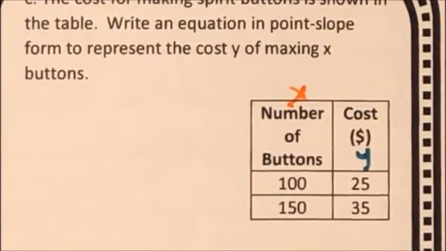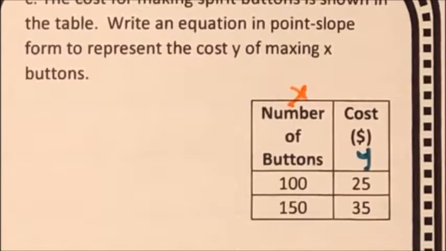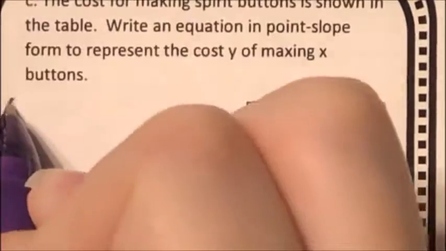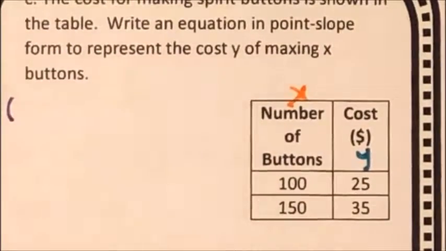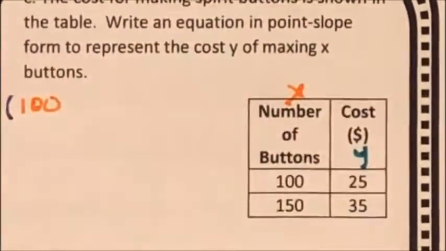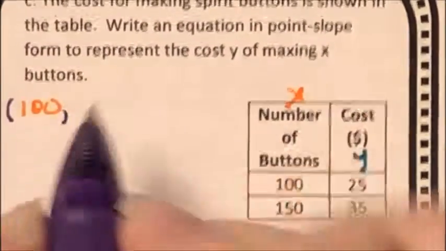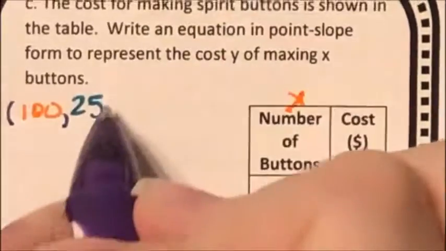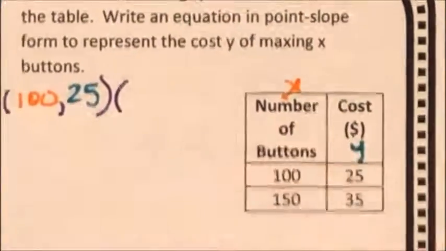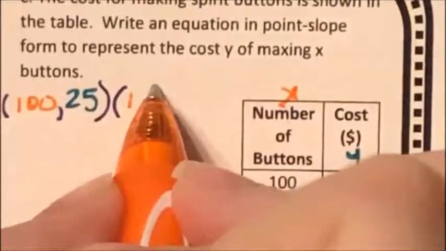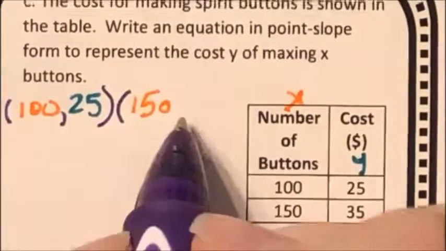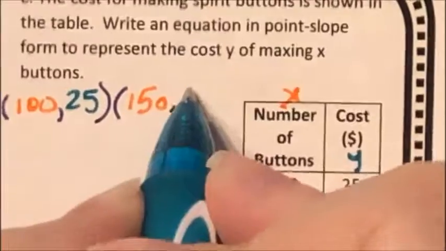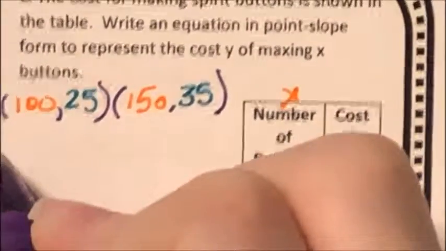So my 2 points are going to be 100, comma 25, and 150, comma 35.